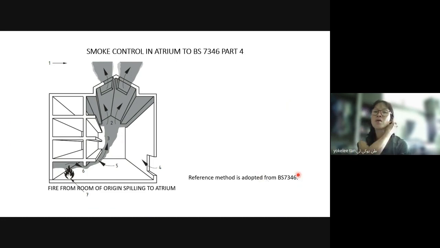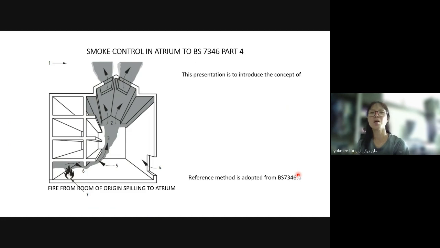We'll concentrate on open atriums. For closed atriums and sterile tubes, you may want to adopt the UBBL. UBBL has fixed air changes for closed atriums or sterile tube atriums. We'll go into detail on the definition of atriums a bit later.